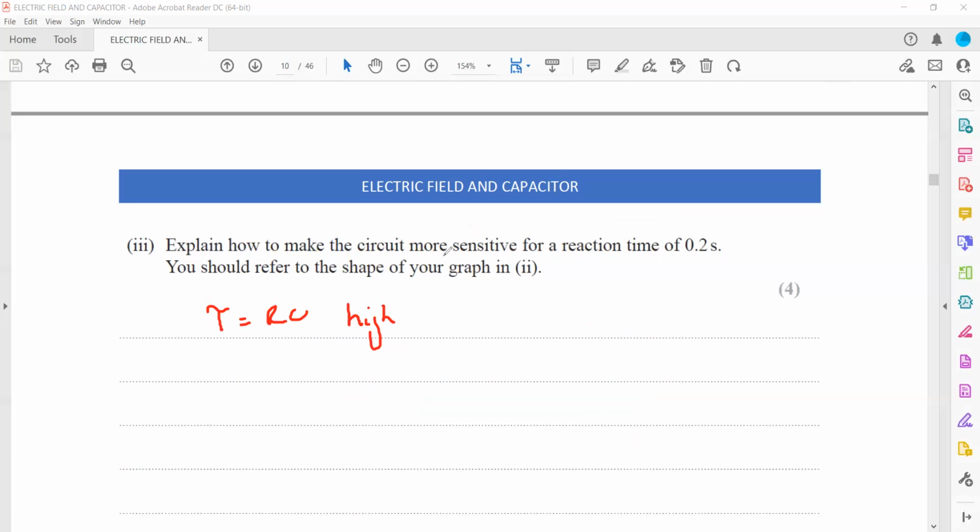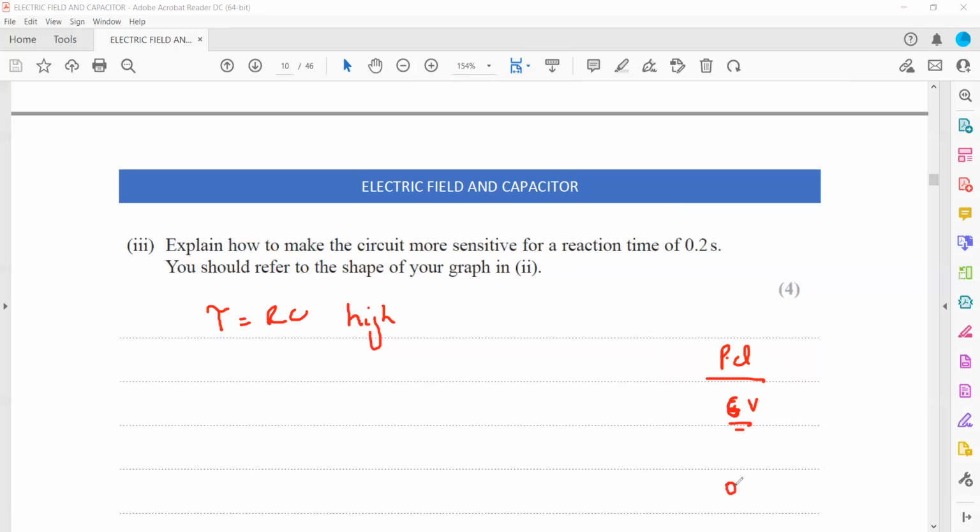Making something sensitive means for a small change in one quantity, the other quantity should have a larger change. And what we are doing is measuring a potential difference. So we want the potential difference to change greater, but in a small time interval.